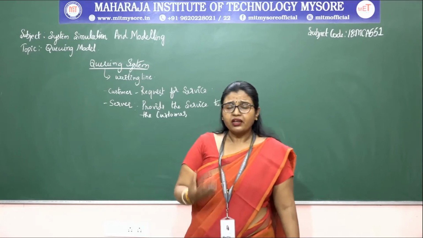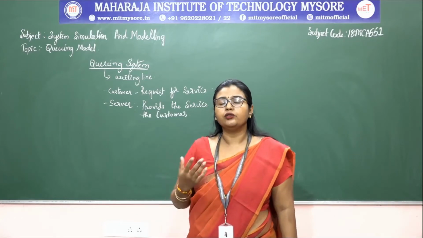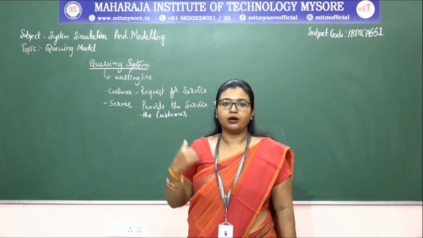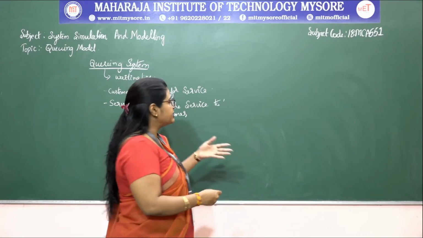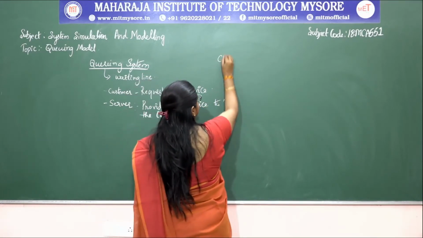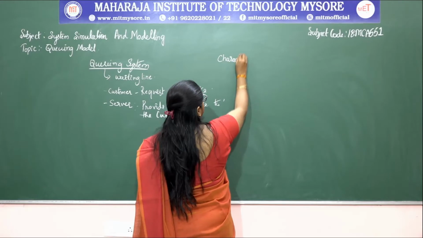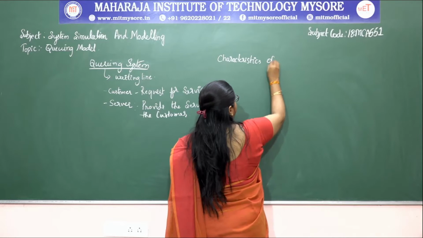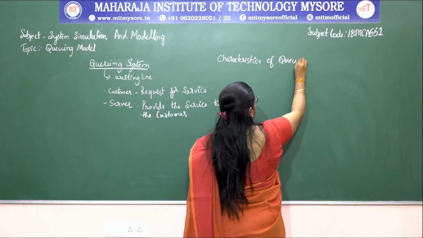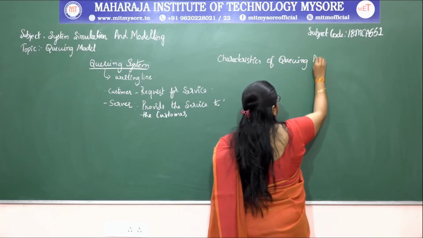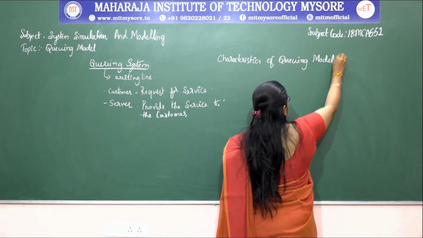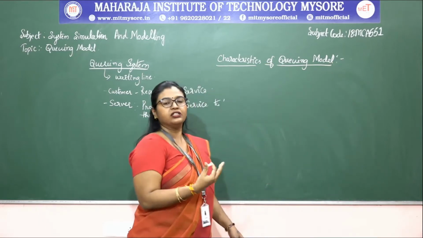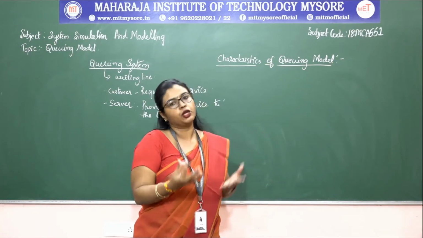Okay, so the next thing is, here we are going to learn some of the characteristics of this queuing model. Let us learn the characteristics of the queuing model. Or else we also call this the elements of the queuing model.